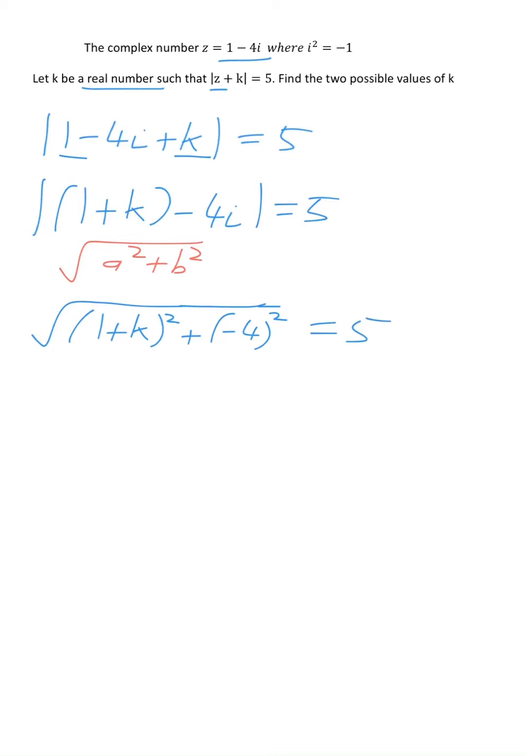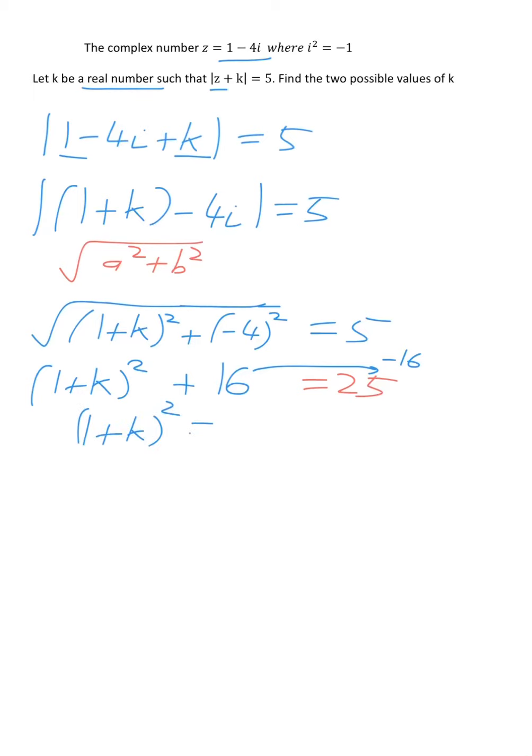To get rid of the square root on the left, I'm going to square the right hand side, so 5 squared is 25. On the left, I'm left with 1 plus k all squared plus 16 equal to 25. Bring the 16 across, it'll be minus 16, so 1 plus k all squared is equal to 9.